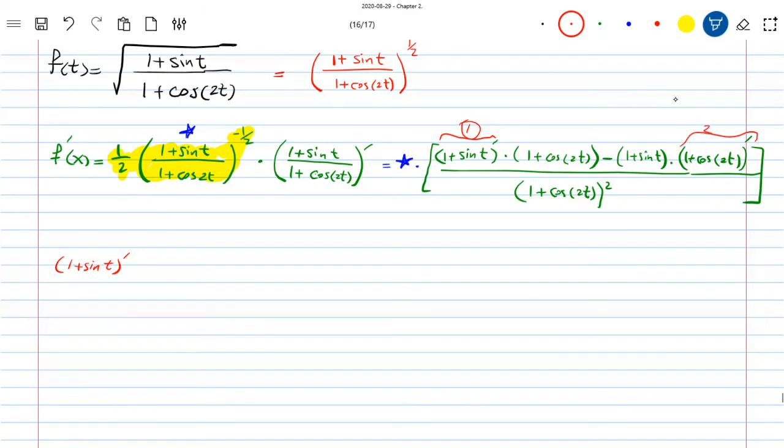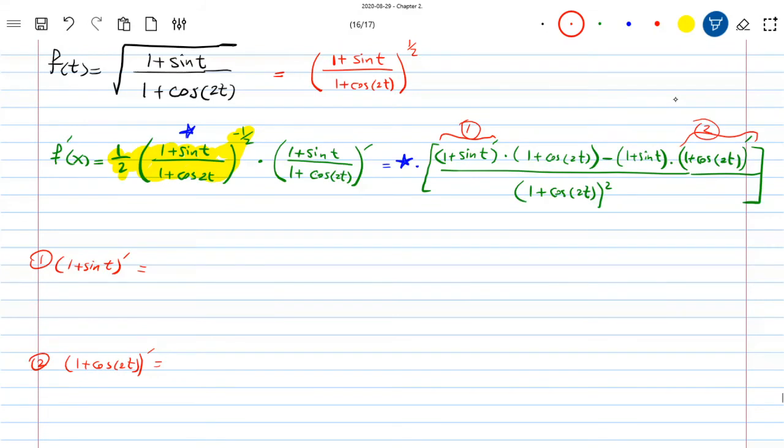And number 2 is I will calculate the derivative of 1 plus cosine 2t. These are the only two terms that have a derivative that I need to calculate. Otherwise, I have to continuously write this stuff over and over.